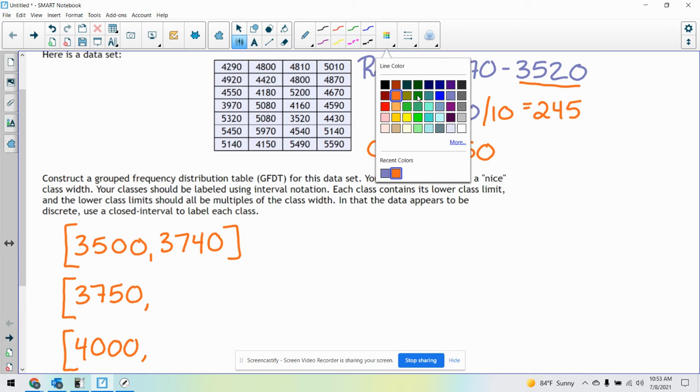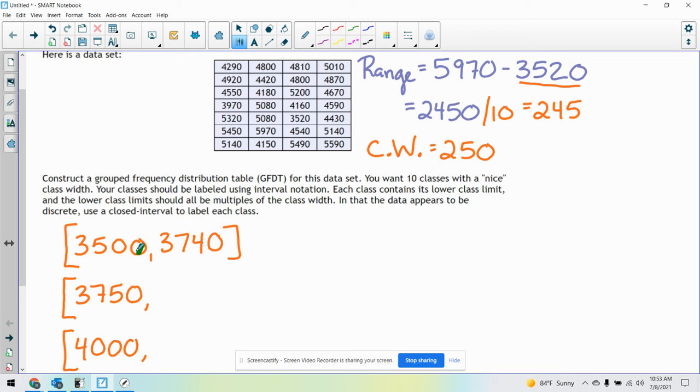If I lopped off all the zeros, this would go from 350 to 375 to 400. So we would go from 350 to 374, 375 to 399, and there'd be a zero here. We could cross that out. 400 to 449, and so on and so forth.